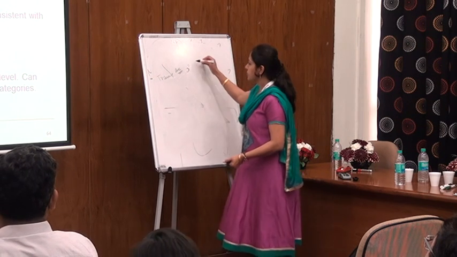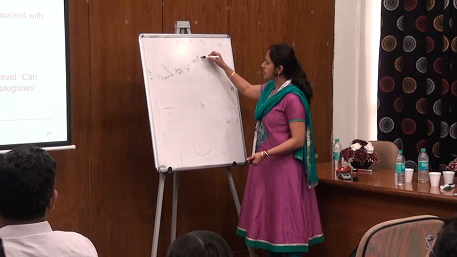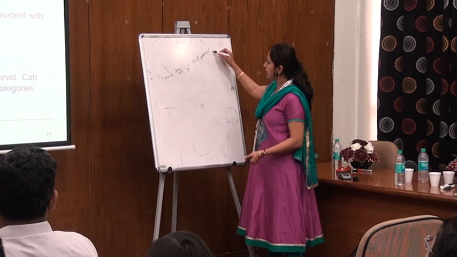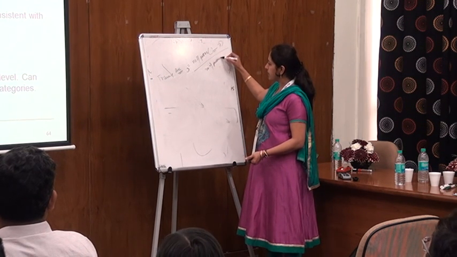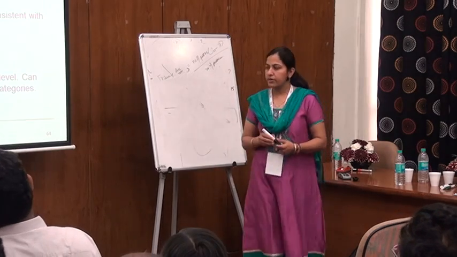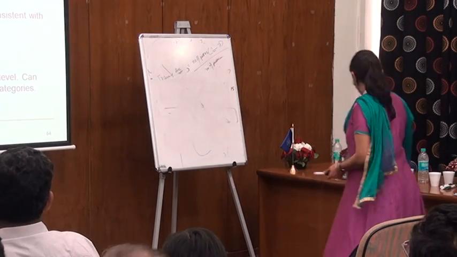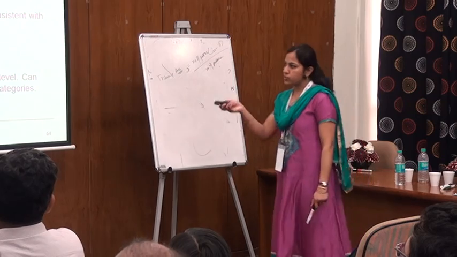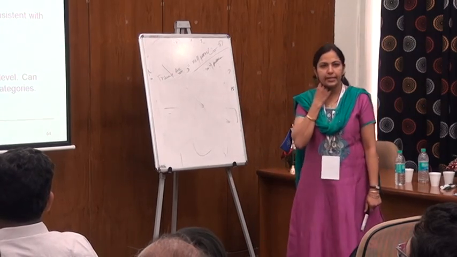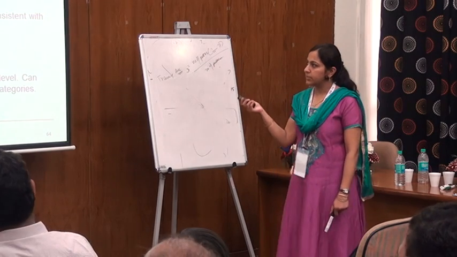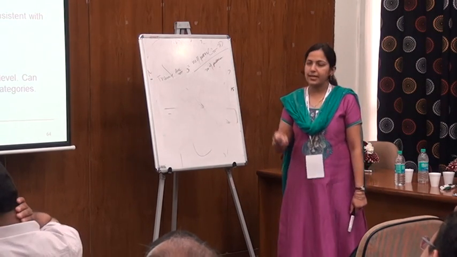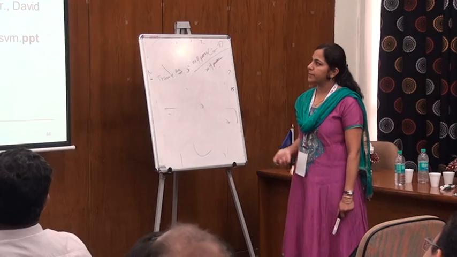Basically, you find the number of patterns which are correctly classified, which have got their correct labels, divided by the total number of patterns. This is how you get hold of the training accuracy and testing accuracy. This is true in general for all the data sets, whether it's a text data set, disease data set, cancer data set, everywhere.